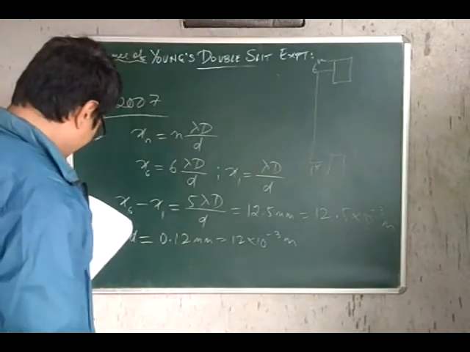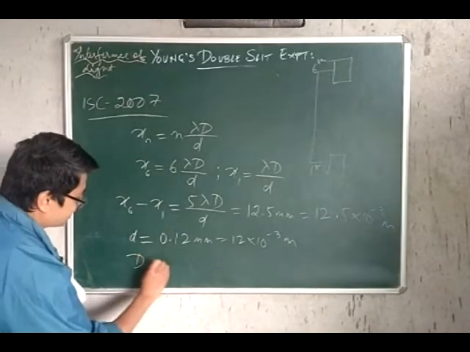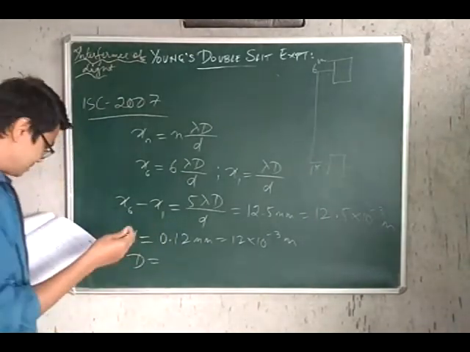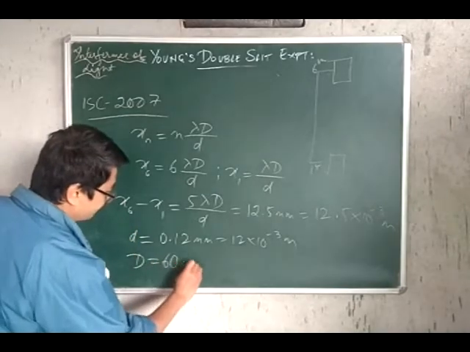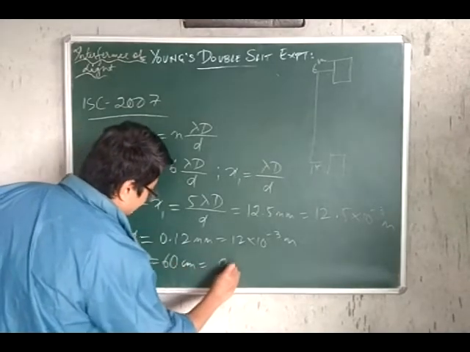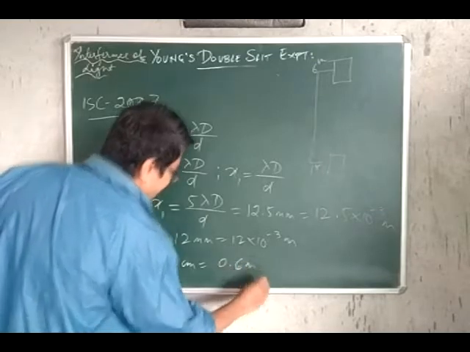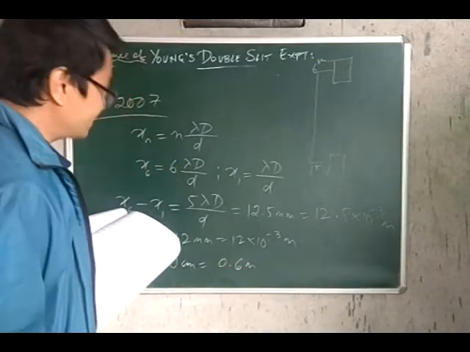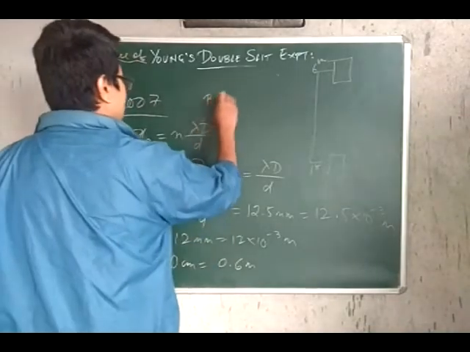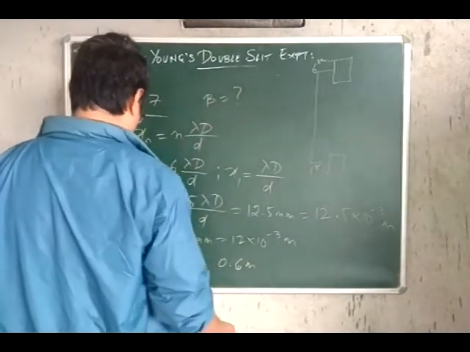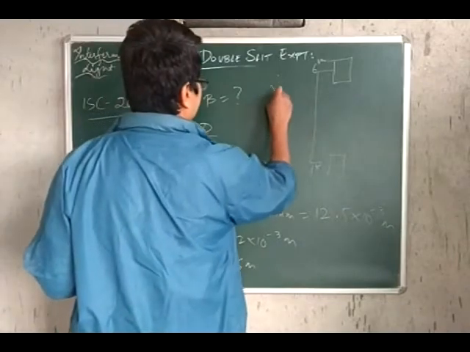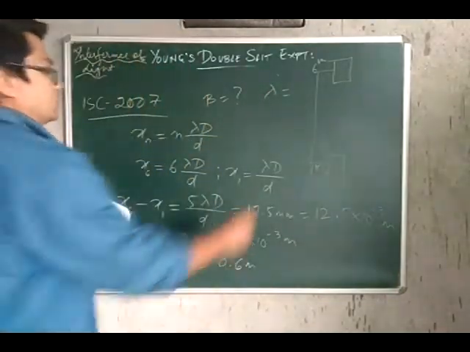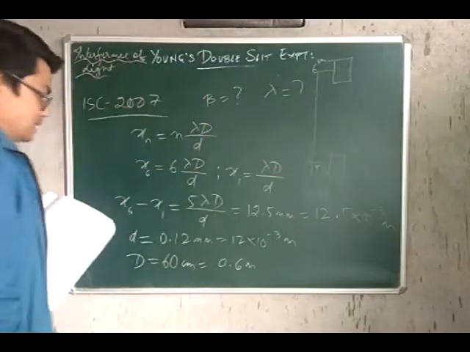The distance of the screen from the slit, capital D, is 60 centimeters, which is 0.6 meters. We need to calculate the fringe width beta, and also the wavelength of light.